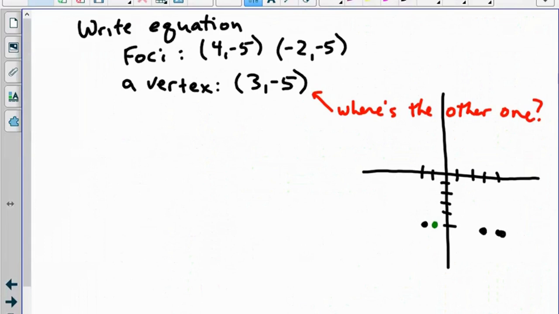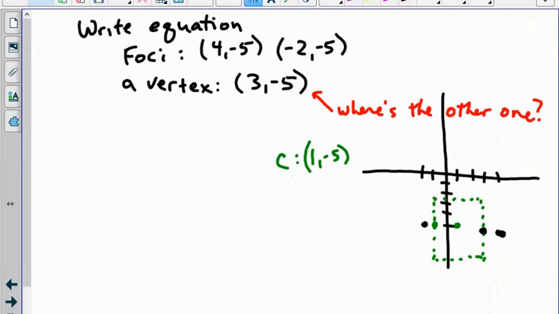Our job is to figure out where this box goes, and we can kind of figure it out, hopefully relatively quickly. The center in this problem is at 1, negative 5. We can get that by finding the average of the focus points.